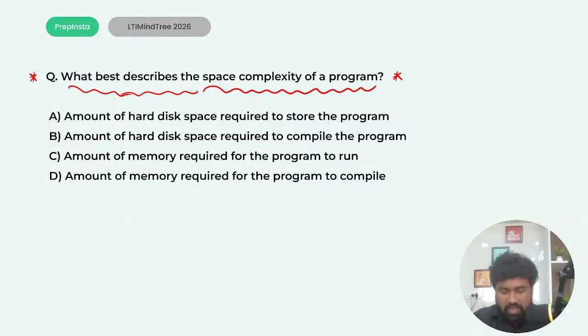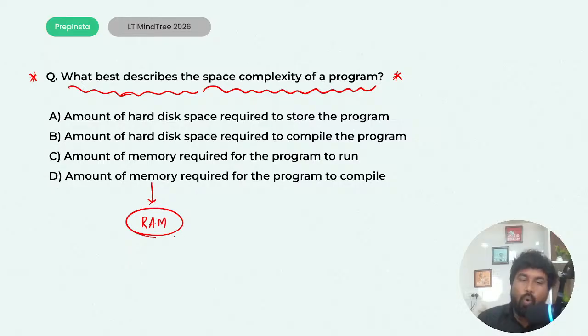Yeah, everyone is saying C and D, right? Guys, remember, I know you will get some kind of confusion. Space complexity measures how much memory, and memory means RAM, not your ROM. ROM means hard disk.